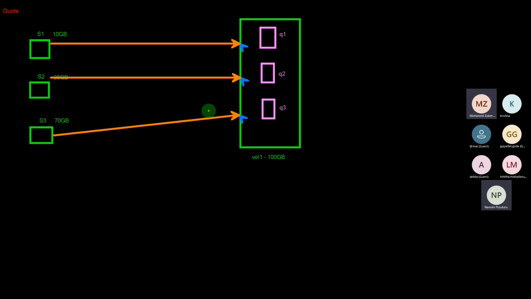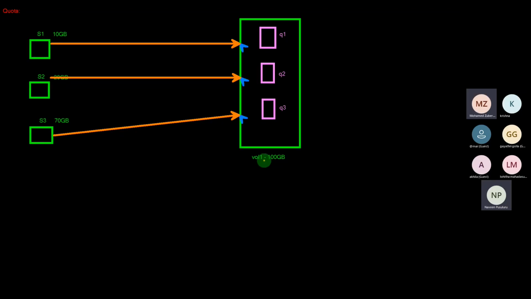That means if you keep on copying data, they will keep on growing and they can consume the entire space in the volume. Now, according to my requirement, S3 has to use 70 GB, S2 has to use 20 GB, and S1 10 GB.